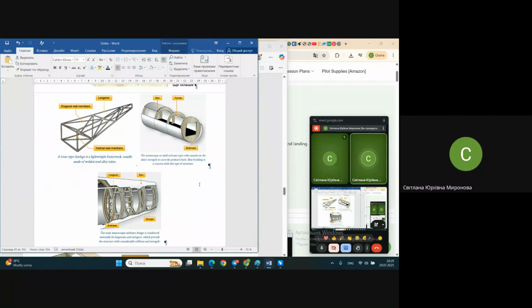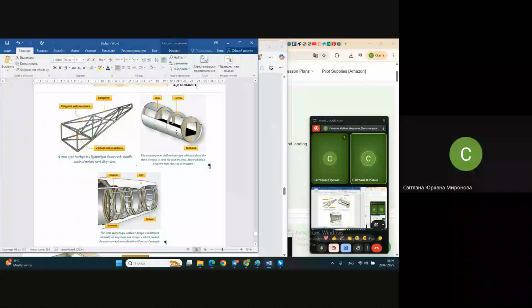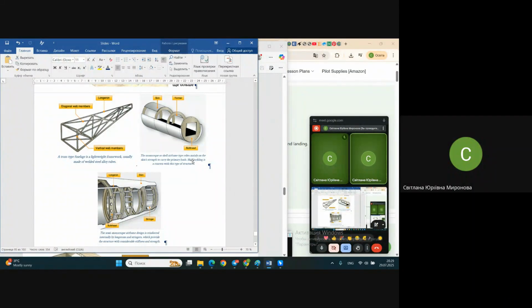As I already said, inside the fuselage there may be a longeron, or may not be a longeron. But how does the fuselage work with this bending moment, how does it counteract bending?